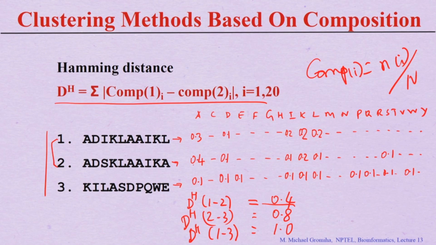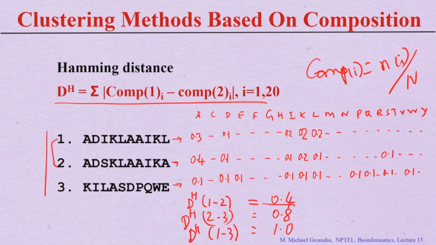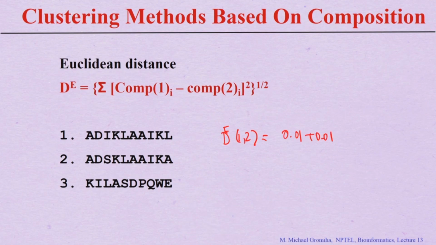You have to get the differences, right: 0.1, 0.2, 0.3, 0.4, then you have to take the root. 0.1 square is 0.01, 0.2 square is 0.04, plus 0.01 plus 0.01 plus 0.01, and take the root.